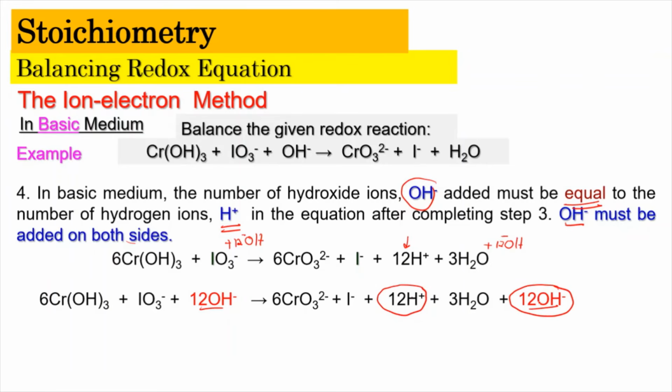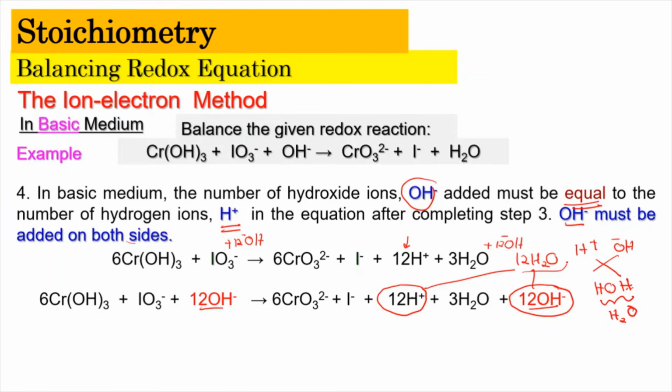So these and these can combine together. H+ and OH- combine in order to form HOH, where HOH here refers to water, H2O. As the result of this combination, you have 12H2O.